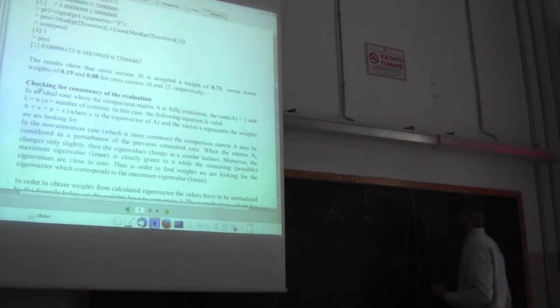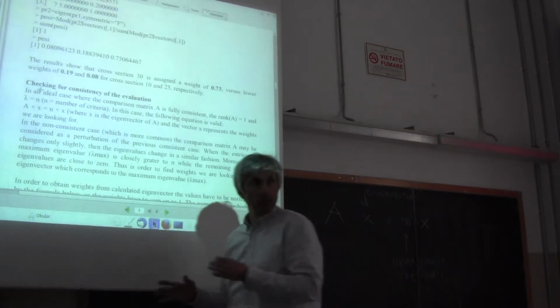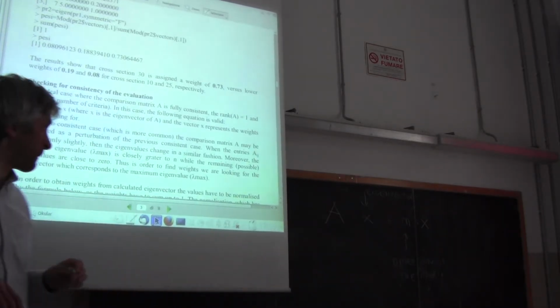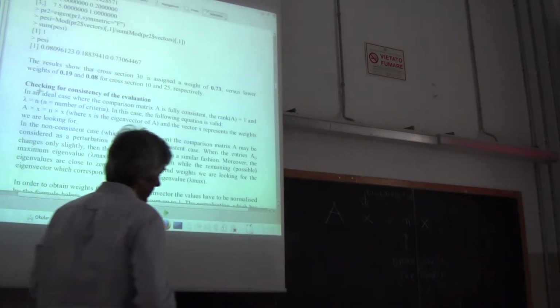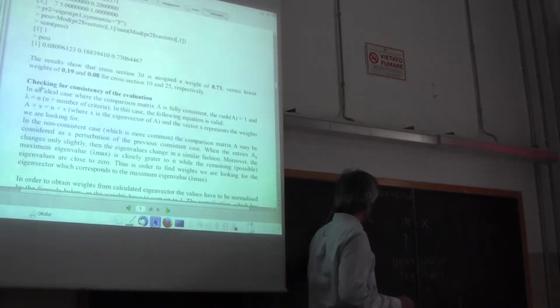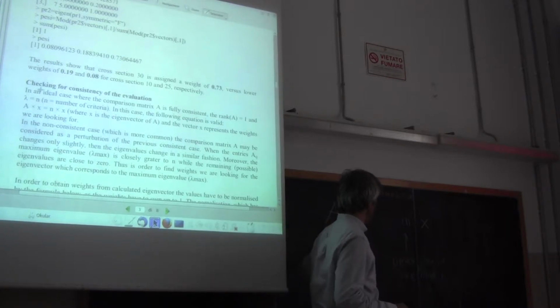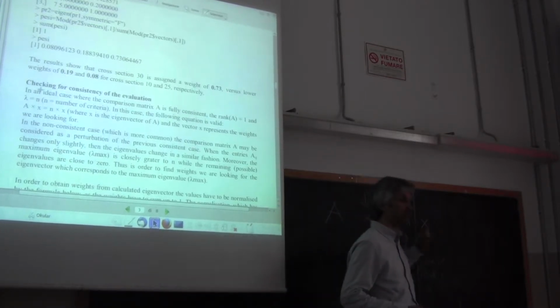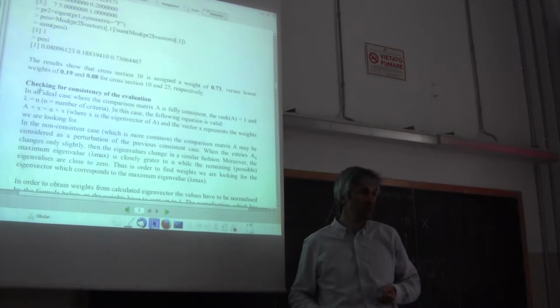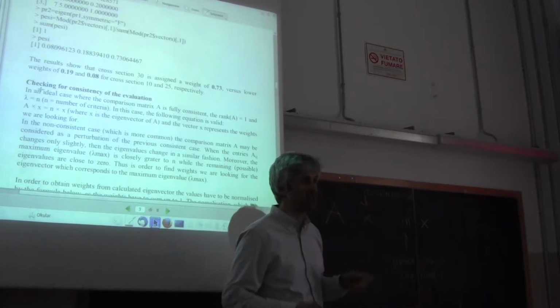So you see that the definition is easy, indeed. It's a vector that if you multiply it on the right side by the matrix, you get as a result the same vector times the dimension of the matrix, which is symmetric.